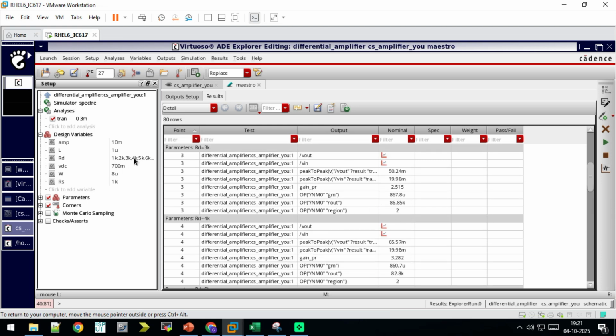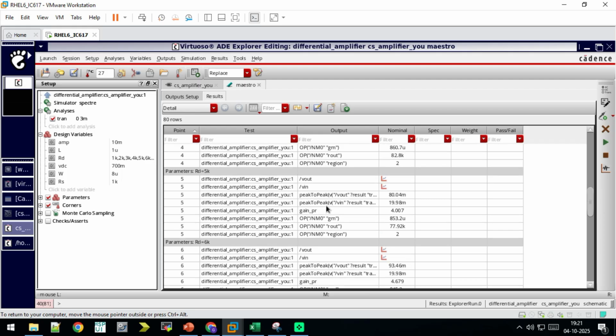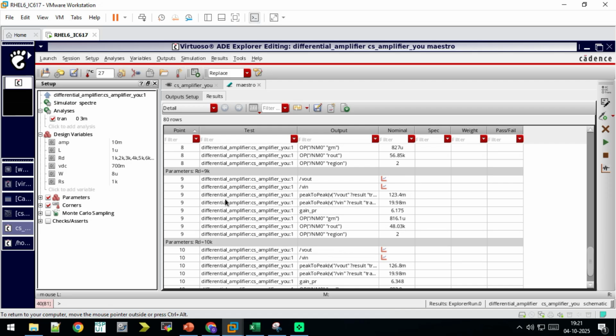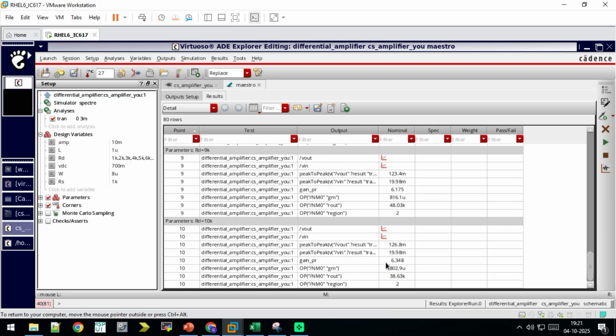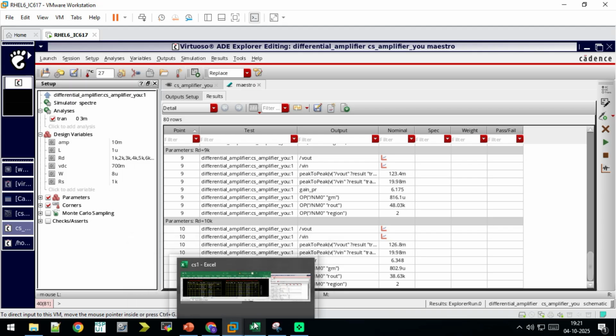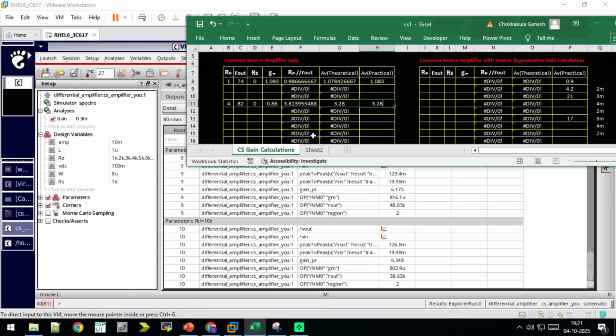Now the load resistance, let's suppose the load resistance of 10 kilo, we got the value of the gain around 6.3. So let me note down the gain which we got, it is 6.3 for load resistance of 10.